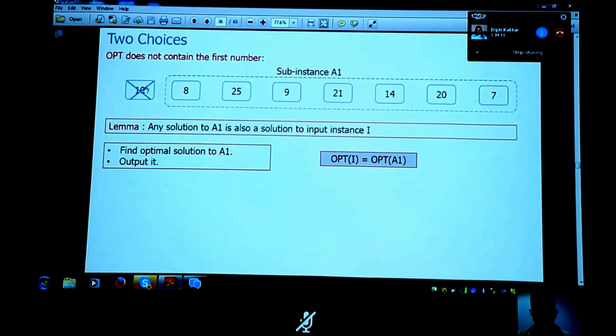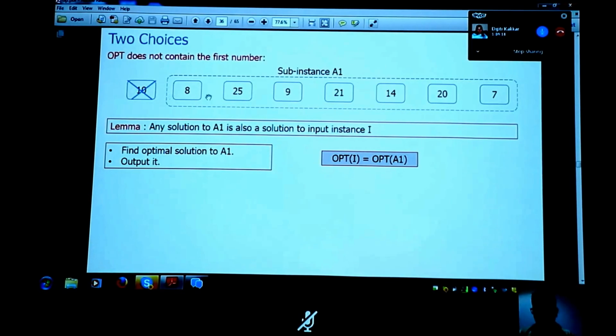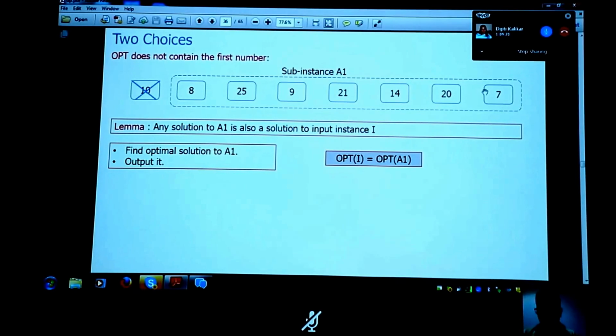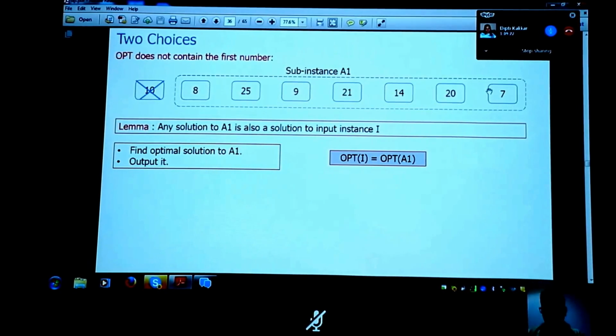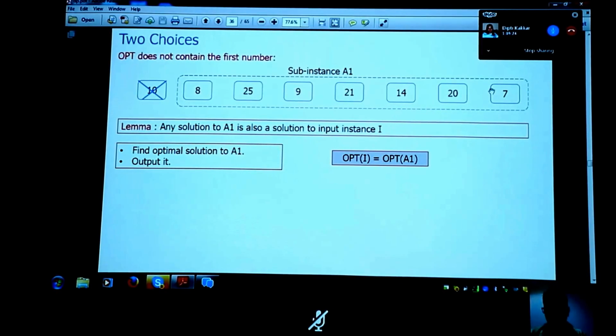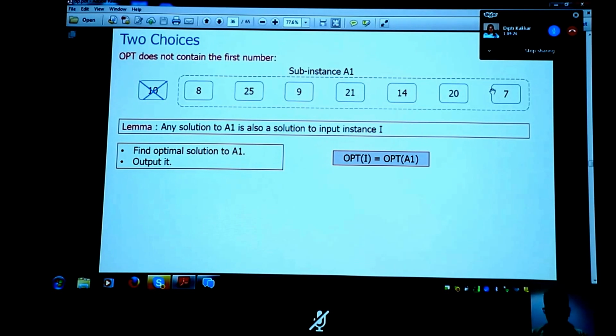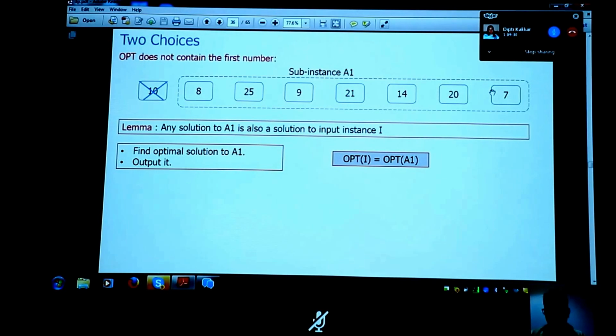So if 10 is not there in that opt, then the optimal for the whole thing is nothing but the optimal for this sub-problem. I can simply take it without any work. So you find the optimal solution to A1 recursively, you output it, you are fine. Assuming that 10 is not there in that opt.